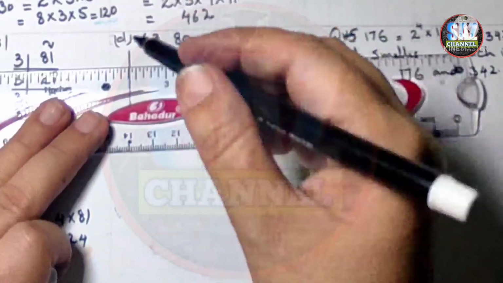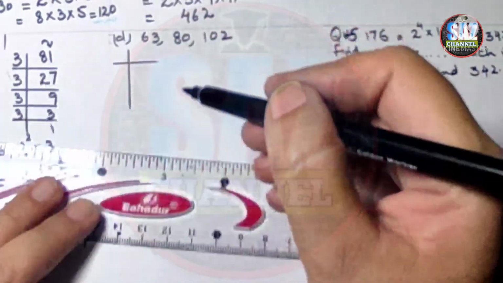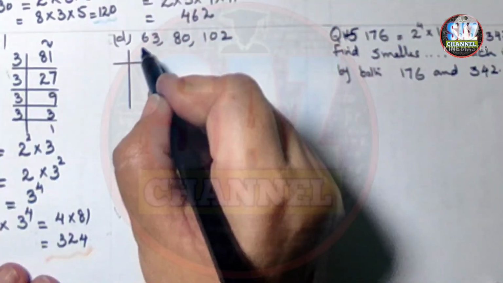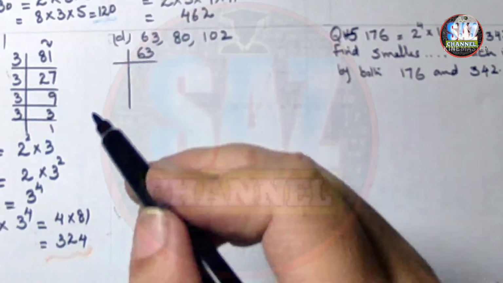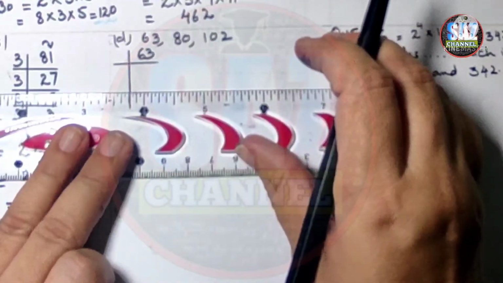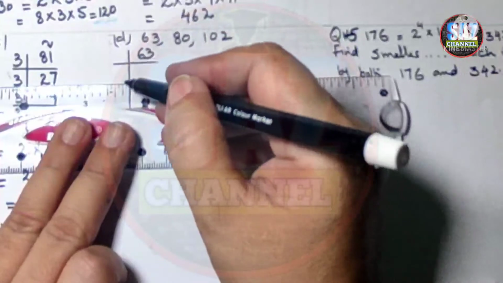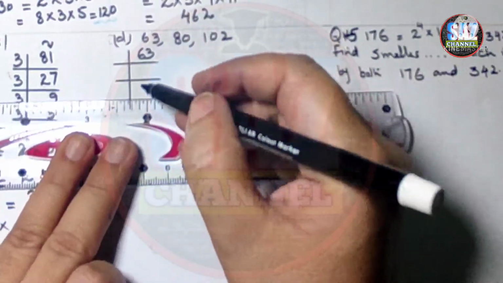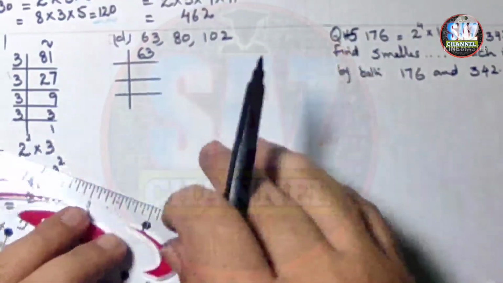So for 63, the first number is 63. Can we go for table of 2? Recall the divisibility test. For 2 the unit digit has to be what, students?